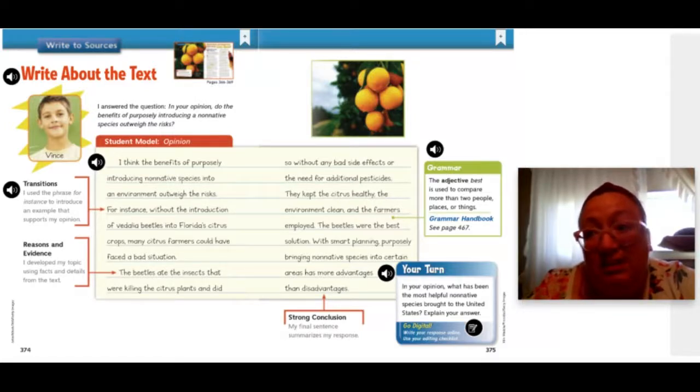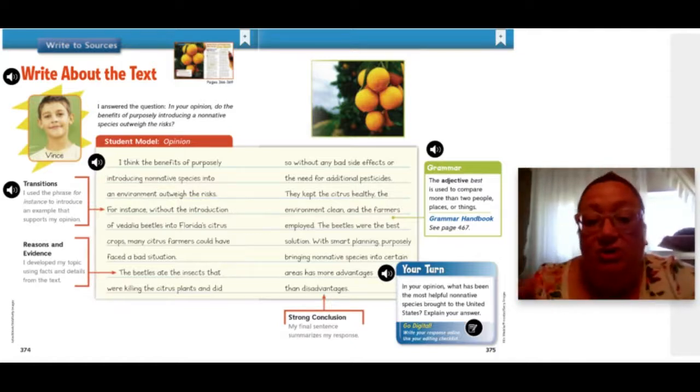Those pesticides can be really bad. Remember when we learned about the eagles and DDT? They kept the citrus healthy, the environment clean, and the farmers employed. The beetles were the best solution. Without smart planning, purposefully bringing non-native species into certain areas has more advantages than disadvantages.